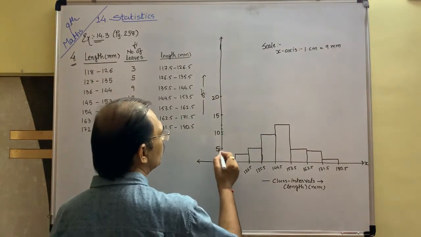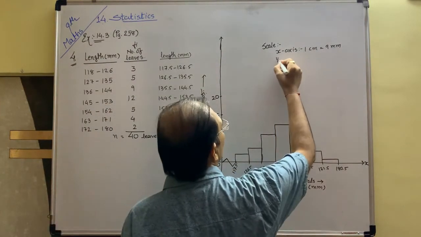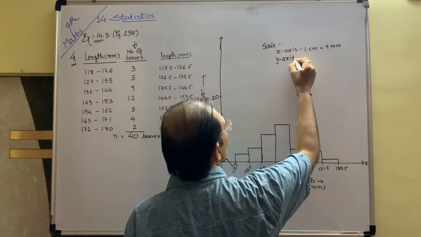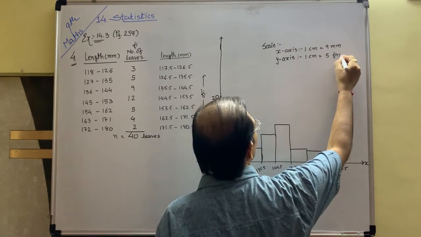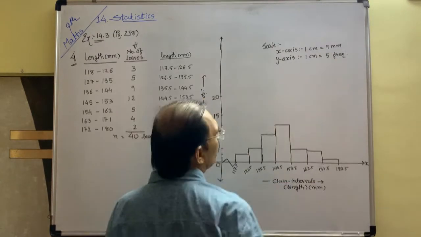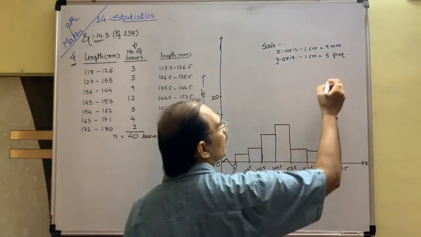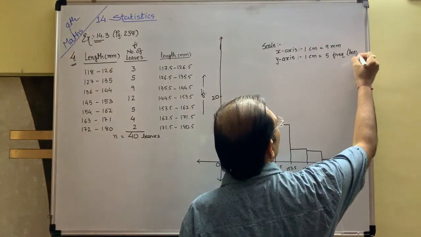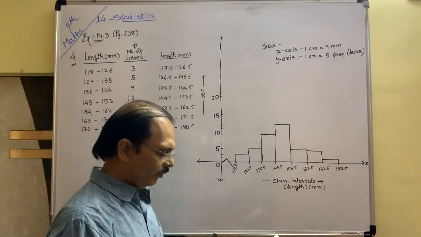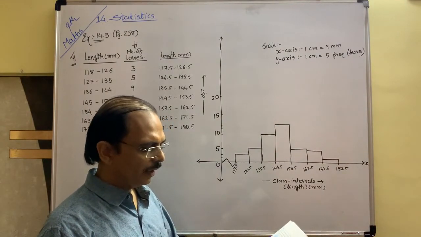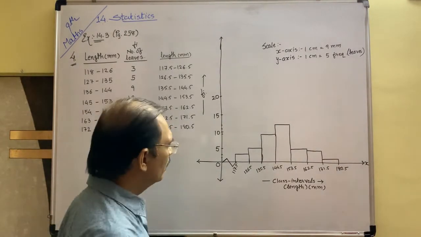So this is 0 to 5, 5 to 10. On the y-axis, it is proper: 1 centimeter equals 5 frequencies, or called 5 leaves. Okay.